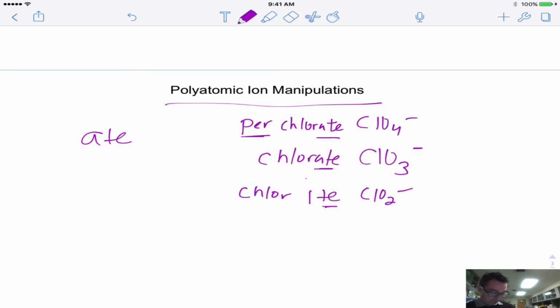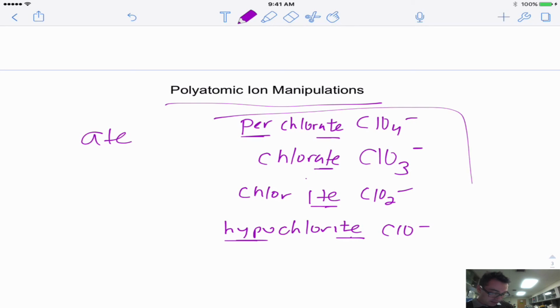So now we've gone from ate to ite, 1 less oxygen. Take away another oxygen, hypochlorite, hypoite, ClO-. And these terms are rooted in Latin. Per means like permeate, persuasive, it means more. Hypo means less, like hypothermia, hypodermic, they mean below or less.